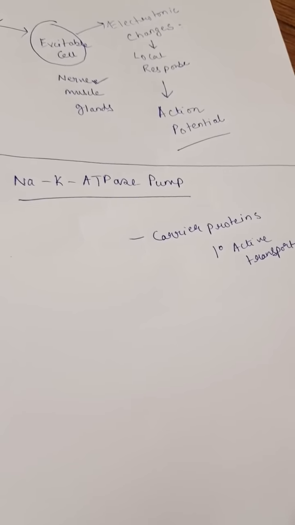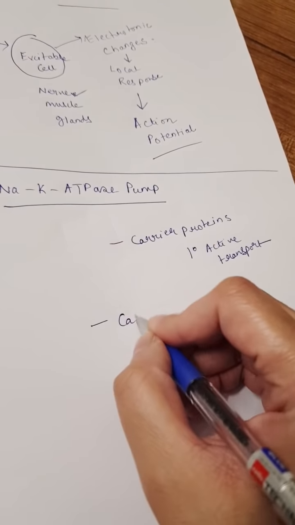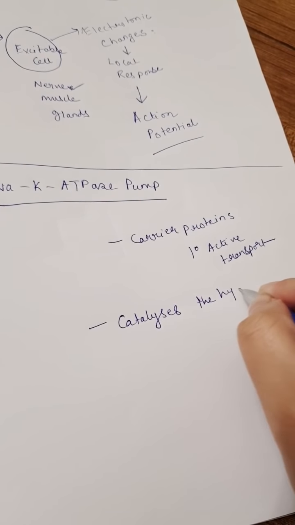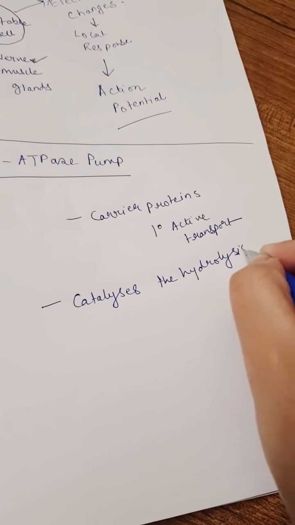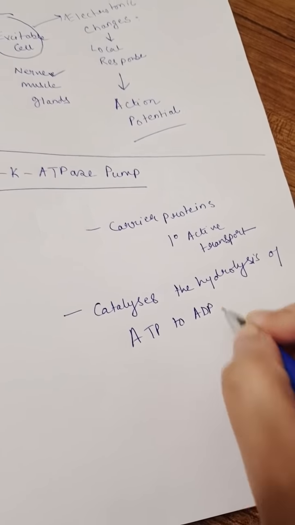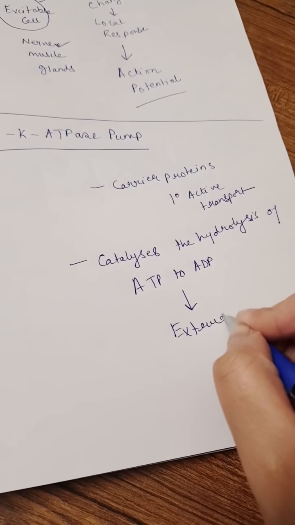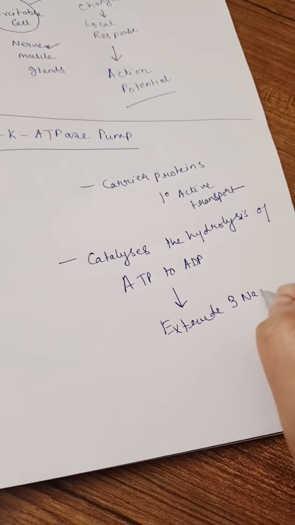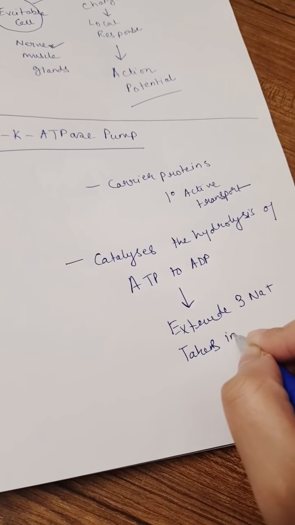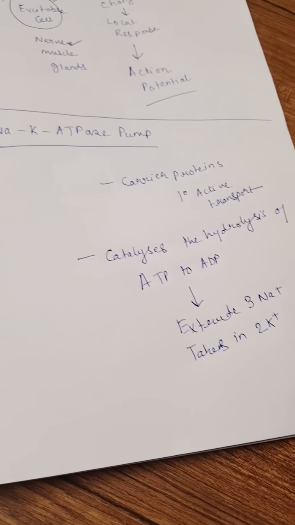What happens here is the sodium potassium ATPase pump catalyzes the hydrolysis of ATP to ADP and uses that energy to extrude 3 sodium out of the cell and takes in 2 potassium into the cell.